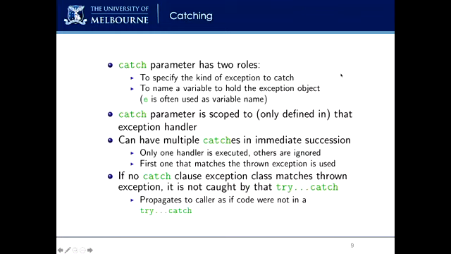So the catch parameter has 2 roles, to specify the kind of exceptions to catch. So that's where you put in the exception class, the type of exception. And again, it is common practice, but bad practice.